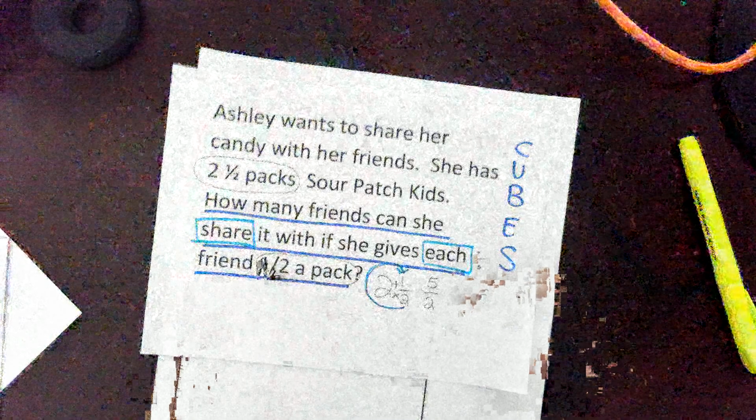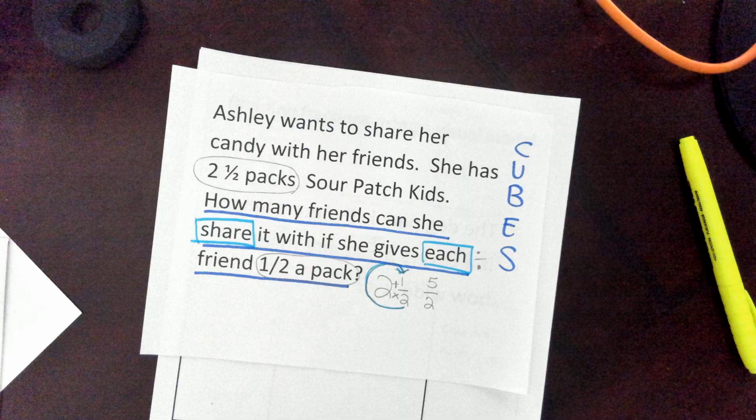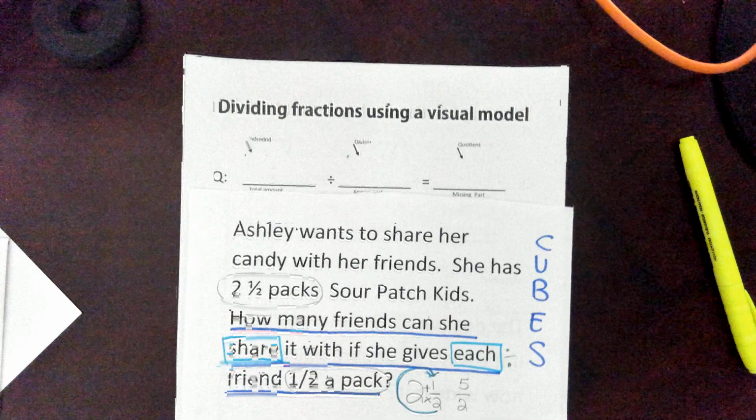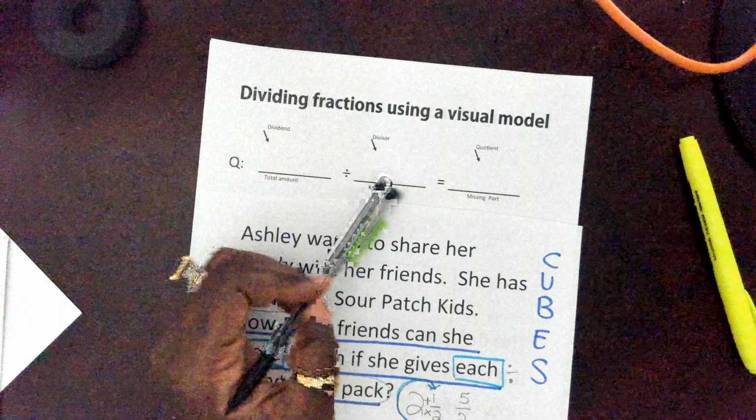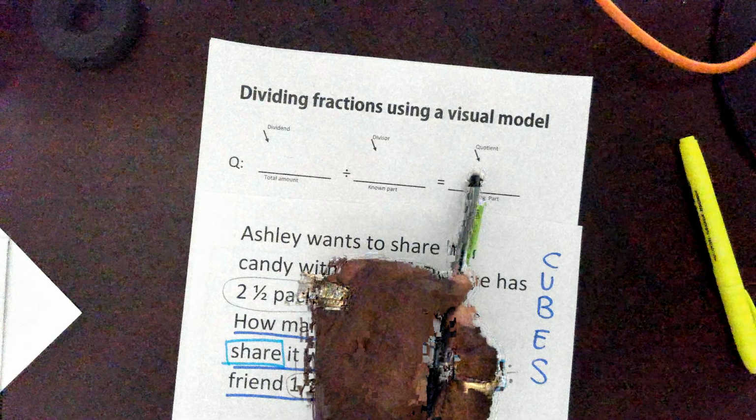So we're looking to see what does Ashley have, because when we talk about division, the dividend is always the total amount, or what someone is willing to share, what they have available. The divisor is the known part. That is one part or equal parts that we know about, and we want to find out how many equal parts we can come up with to evenly share the total amount.